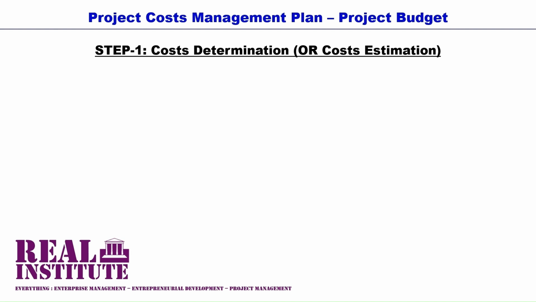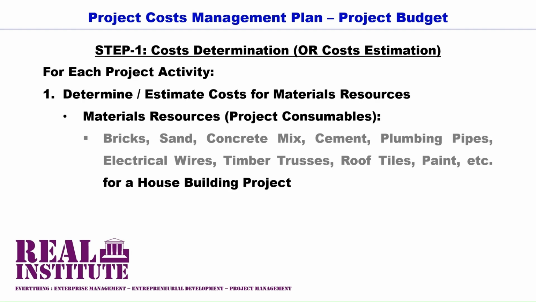Most activities have costs that can be categorized into 3 aspects. For most activities, there is first cost for materials or consumables, such as the bricks, sand, concrete mix, the cement, the plumbing pipes, the electrical wires, timber trusses, the roof tiles, paint, etc. for a house building project.